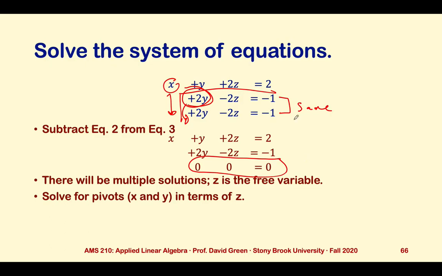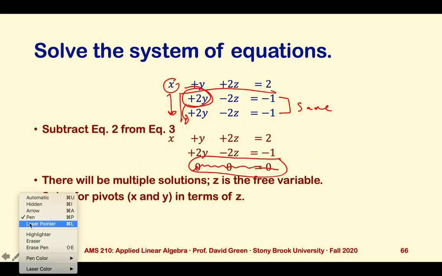When we have a row of 0 equals 0, we don't stop. We can ignore this row and eliminate it from our consideration, but we don't need to stop. It's not the same problem that we had in the previous case with a 0 equals something non-zero. This is not an inconsistent equation. It's just not a very informative equation.